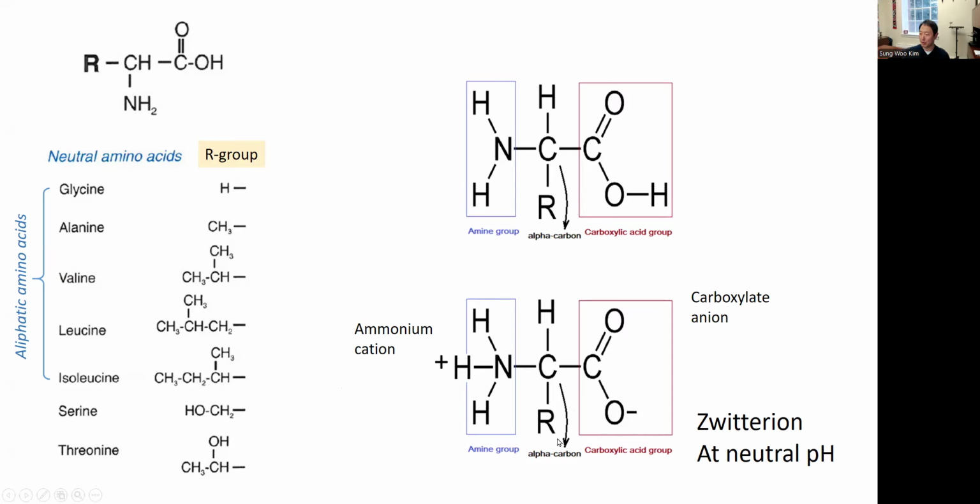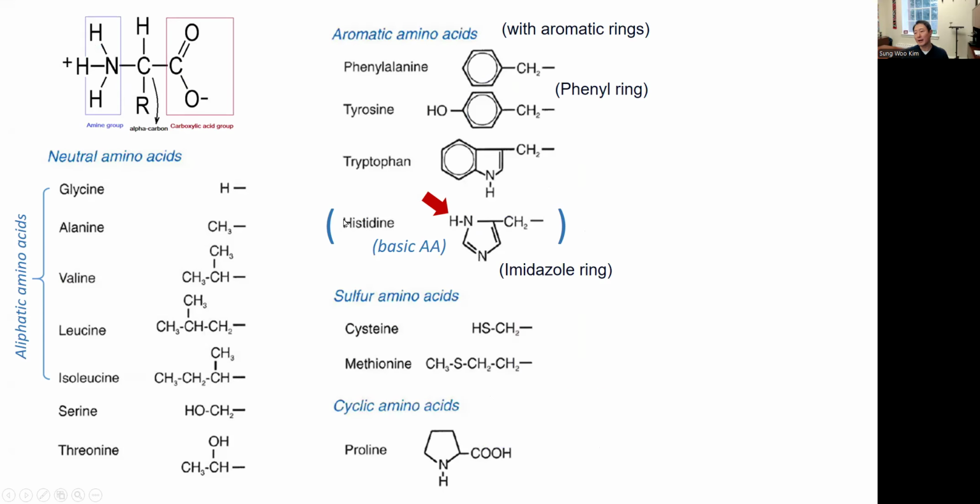Let's move to the next slide. Here, please remember the basic structure of an amino acid. Right now, I'm showing you 7 more, the first 3 being those where the R group contains aromatic rings, like a phenyl ring, usually attached to a carbon on the R group.